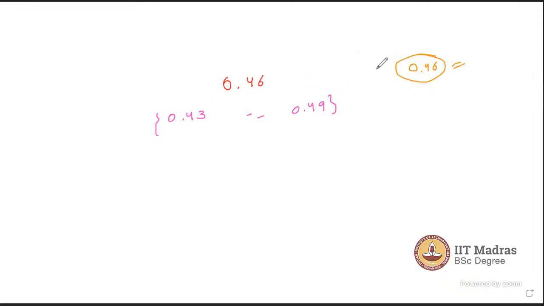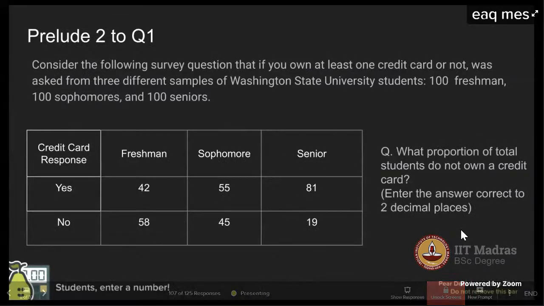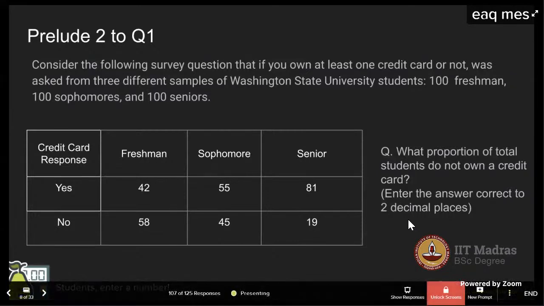So if it's mentioned to round to 2 decimal places, just do it. In one of the activity questions, if you give the third decimal, it shows wrong. So it's always better to stick to 2 decimals. Even in our graded assignment 3, the first question was to round to the nearest whole number. So you have to round it.